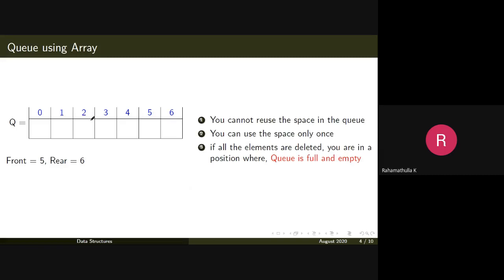So for example, if you reach this position, you have inserted 7 elements onto the queue and you have deleted all the elements from the queue. Now the queue is empty. Front is pointing to position 5 and rear is pointing to position 6. Now the queue is empty, but still you will not be able to insert an element.